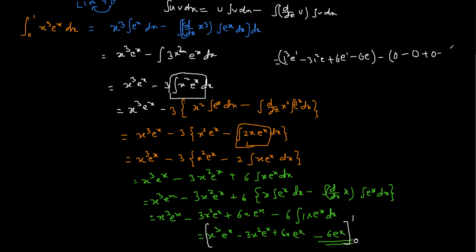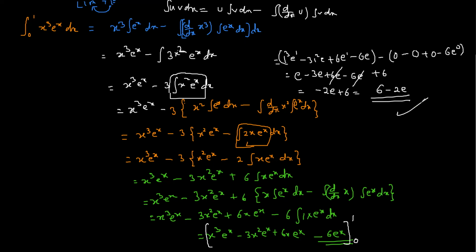This is also 0, but this is e raised to 0, which is 1. e raised to 1 is e, and 3 times 1 square is 3. Minus minus plus 6. Minus 6 plus 6 cancel. e minus 3 is minus 2e plus 6. So this is the final answer: 6 minus 2e.